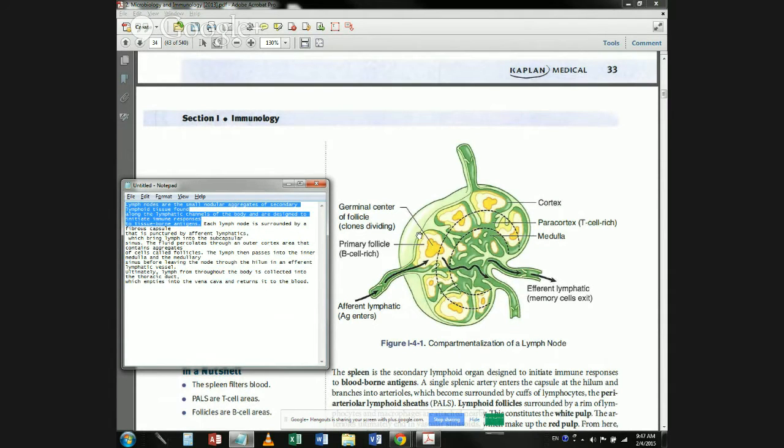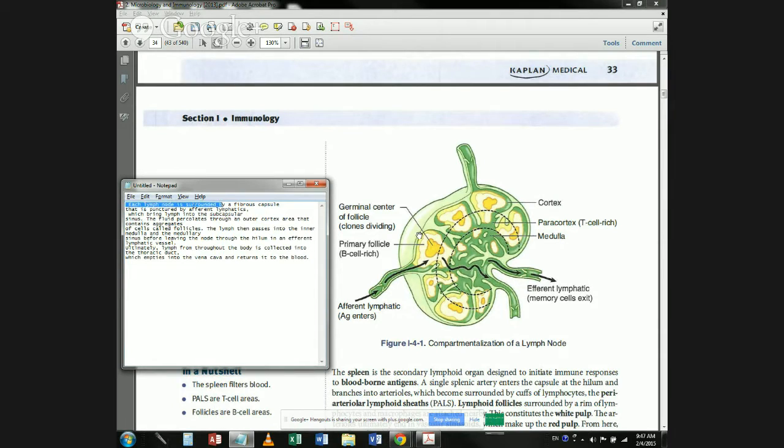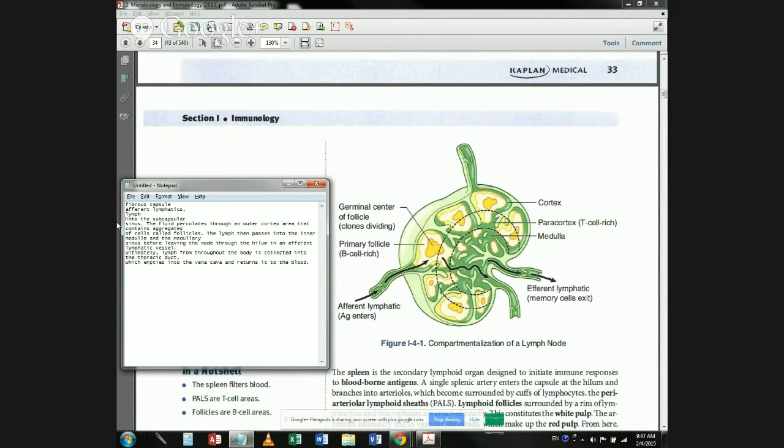Each lymph node is surrounded by a fibrous capsule right there. This is the fibrous capsule that is punctured by afferent lymphatics. There is the afferent lymphatic coming in, punctured right there, which bring lymph into the subcapsular sinus. And this is the subcapsular sinus right there. See, this is where it's coming. So, subcapsular sinus. Then the fluid percolates through an outer cortex.